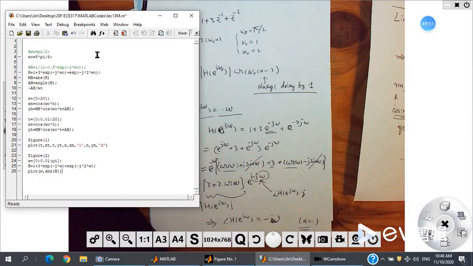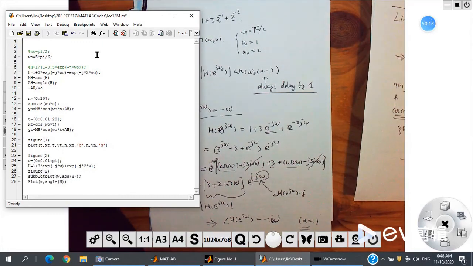Then I plot this one. And I also need to plot w and the angle of H. Before that, I put these 2 together. This is figure 2.